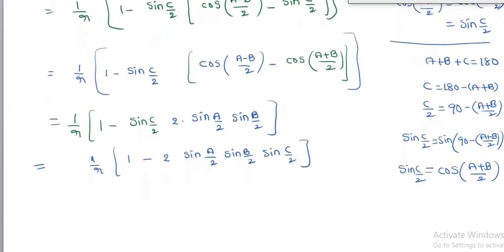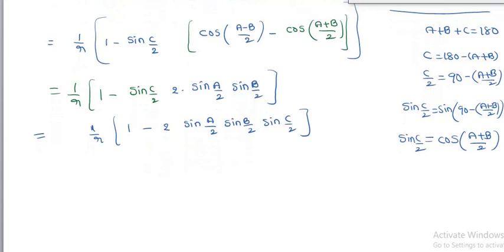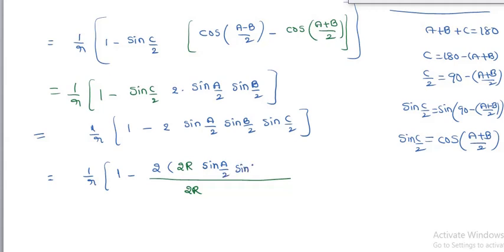The next line is 1 by r, 1 minus. So I will multiply both sides by 2r, both numerator and denominator multiplied by 2r: 2r sin A/2 sin B/2 sin C/2, whose value is small r.